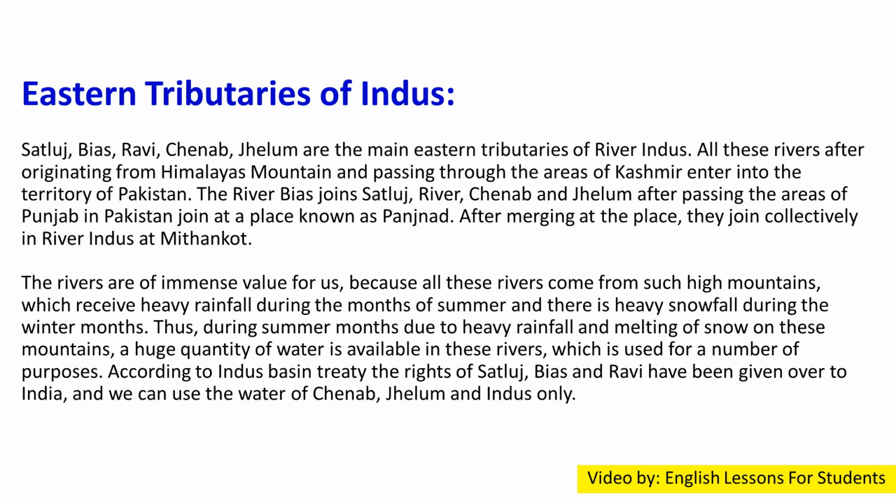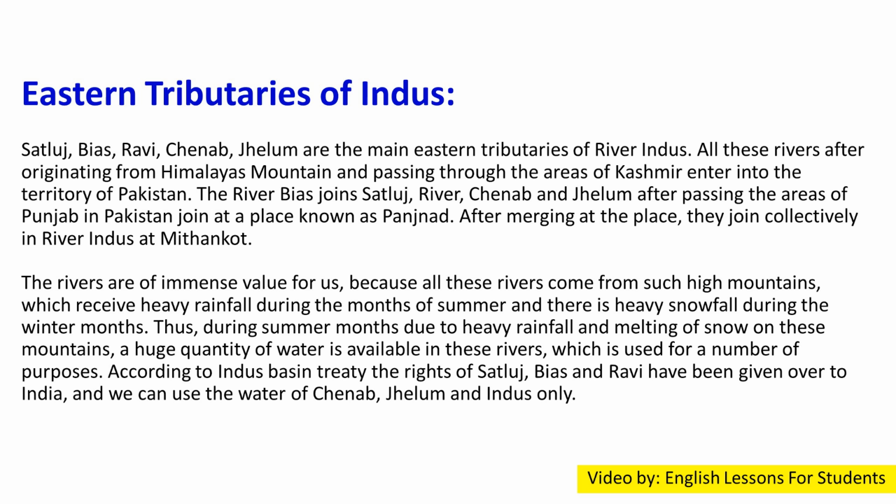Eastern tributaries of Indus: Satluj, Beas, Ravi, Chenab, Jhelum are the main eastern tributaries of river Indus. All these rivers, after originating from Himalayas mountain and passing through the areas of Kashmir, enter into the territory of Pakistan.